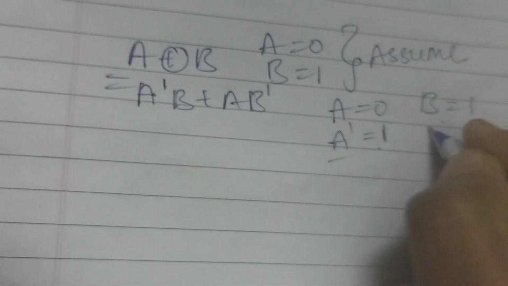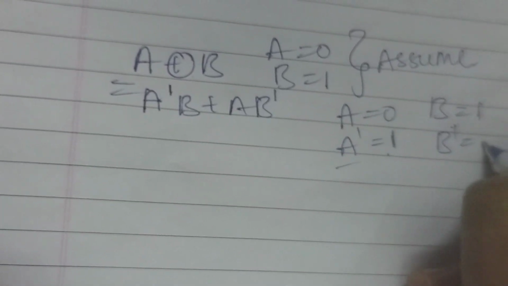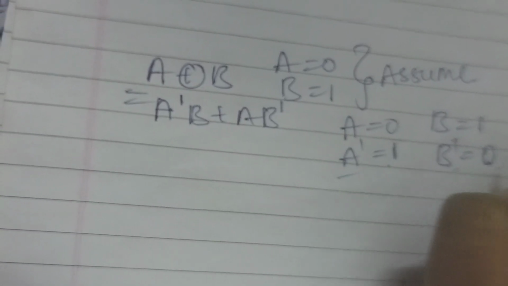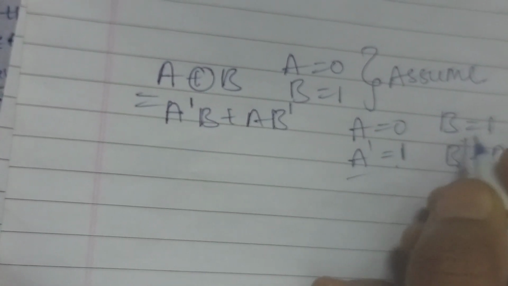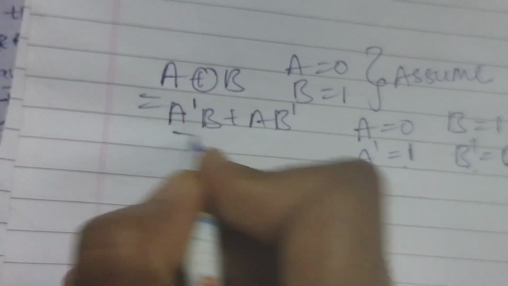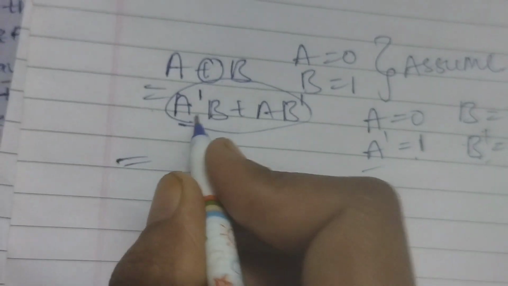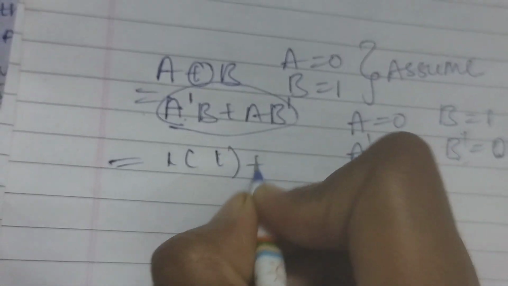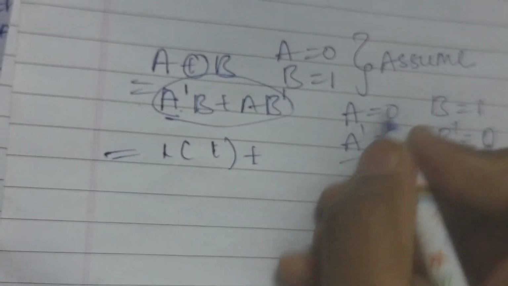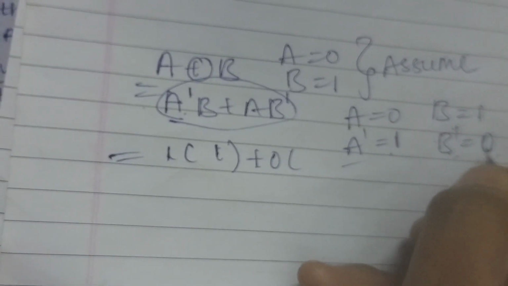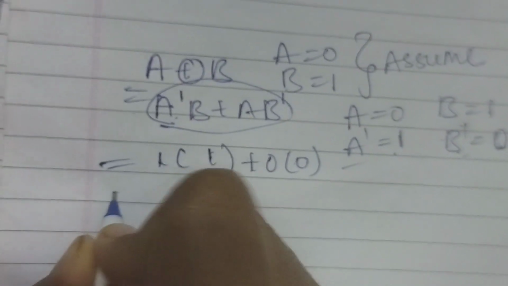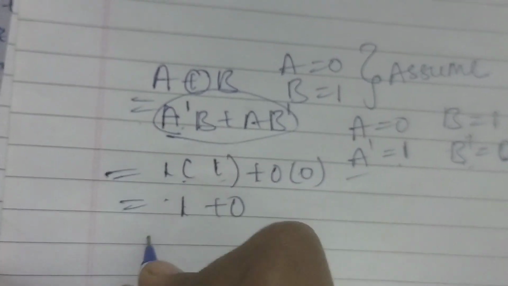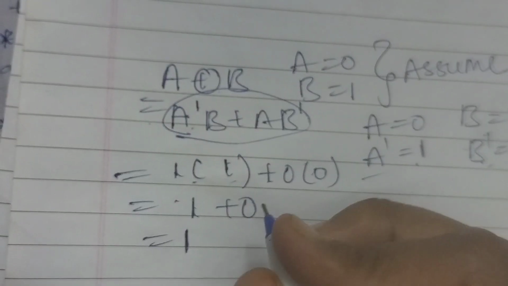When B equals 1, the B dash value, the opposite of 1, is 0. We need to simply write the values in this formula. A dash value is 1, 1 into B value 1, plus A value 0 into B dash value 0. In logic gates, 1 into 1 is 1, plus 0. We will get the value 1.